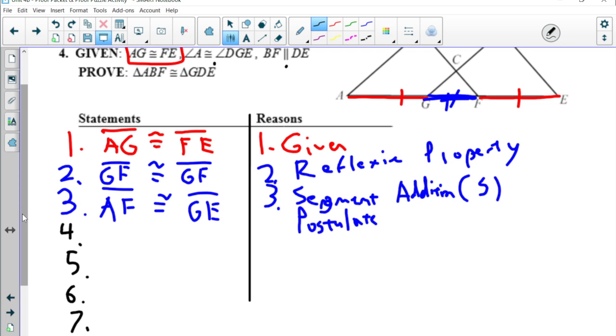And then your last step is going to be to say that the triangles are congruent by whichever method you end up having. And so really that one missing step is going to be for one of these given informations, you're going to need to use it to get a pair of sides or pair of angles. So that'll be up to you to figure out how we're going to do that. That's your missing piece.